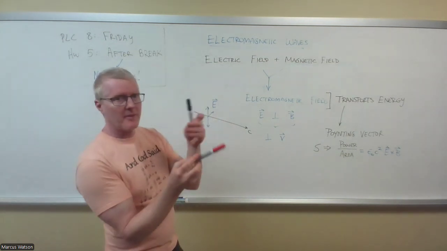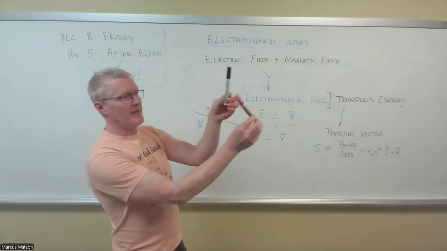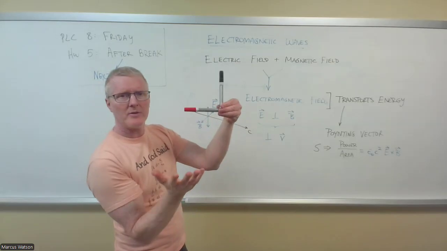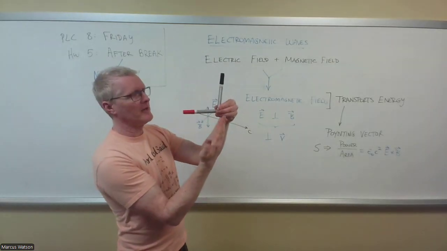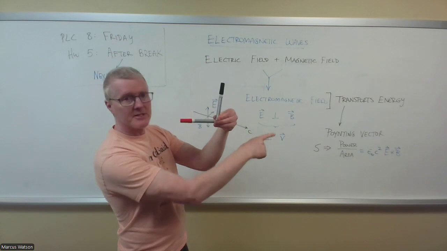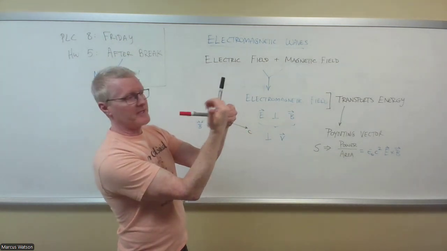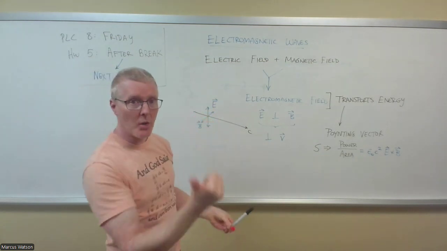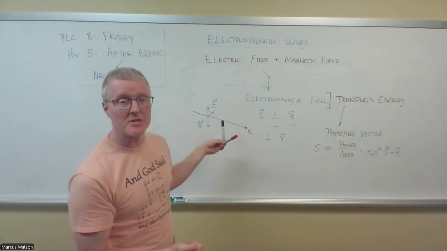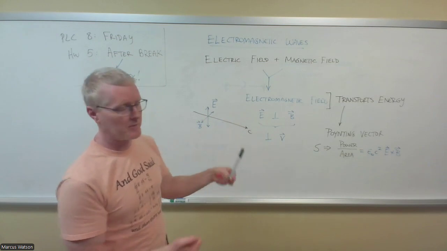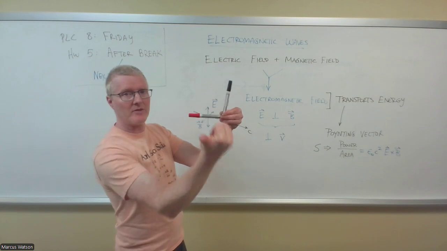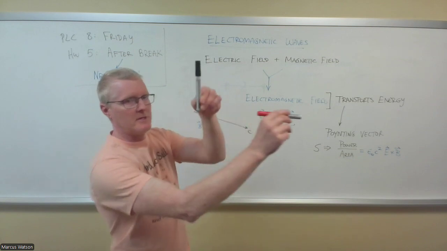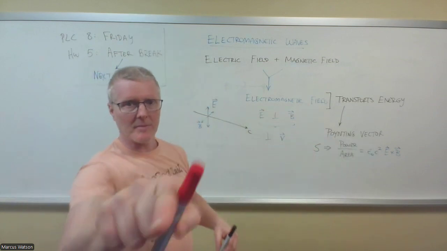Likewise, when you think about the pen example, if my E is this way and B is this way, I'm going to do fingers in the direction of the first thing listed, so E, curl them in the direction of the second thing listed, B, and then my thumb will point the direction that the energy is going, which is essentially the motion of travel of the wave. Right? So in this case, E, B, it would be coming towards you.